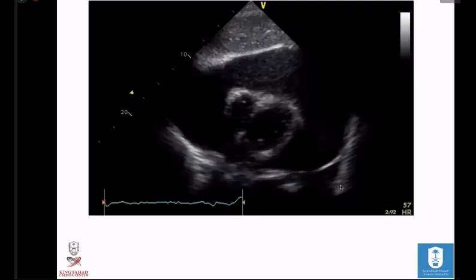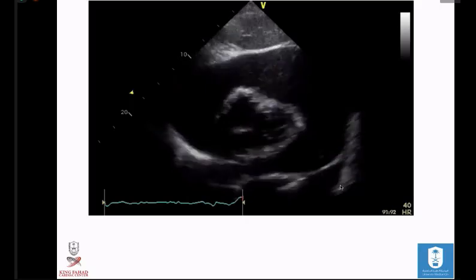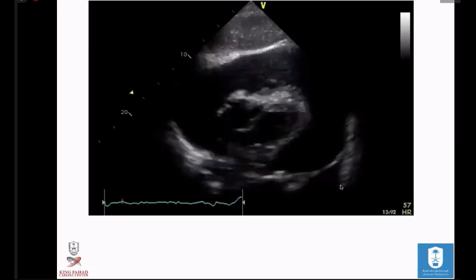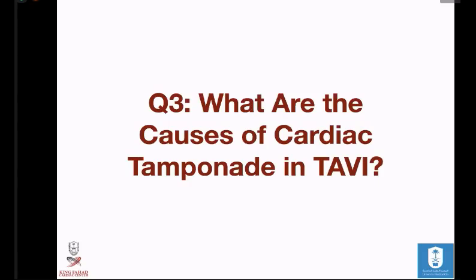You do a bedside echo emergently, you resuscitate, you see this. The question they're going to ask you, what are the causes? They will not say cardiac tamponade, they can see tamponade, but what are the causes of cardiac tamponade post-TAVI?